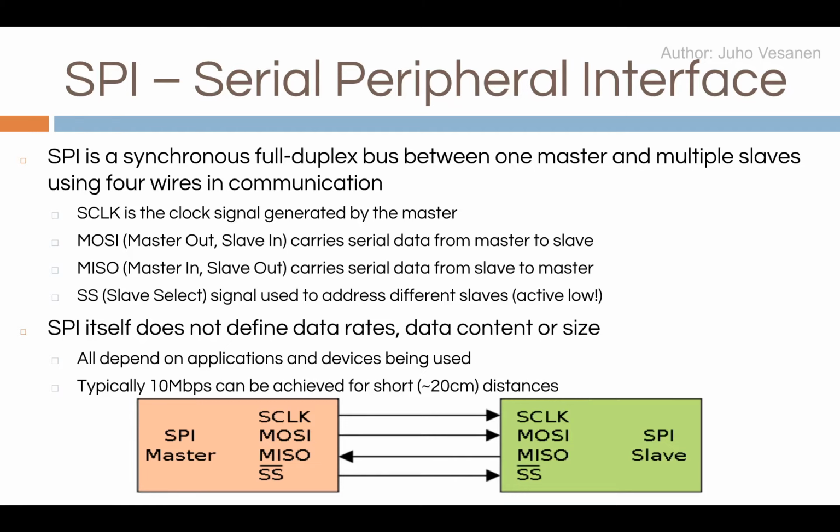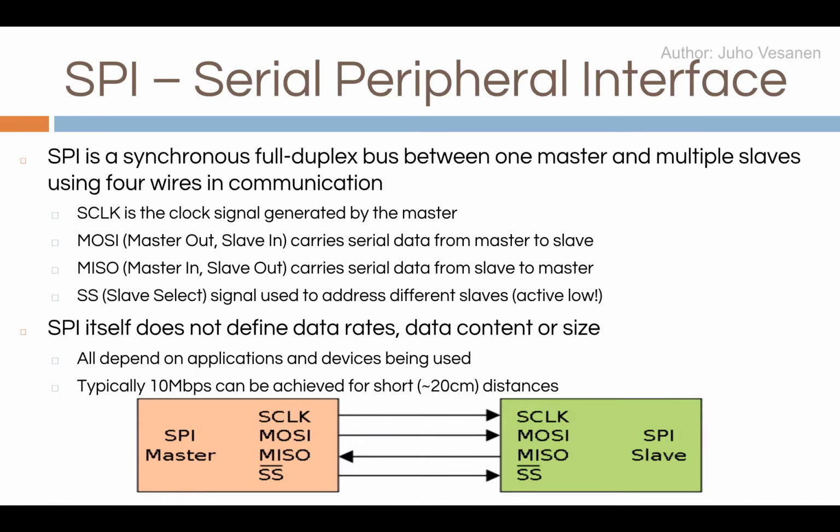One peculiar thing is that actually data rate or data content or size is not defined by the standard, so you need to read carefully the data sheet of the device you are reading.